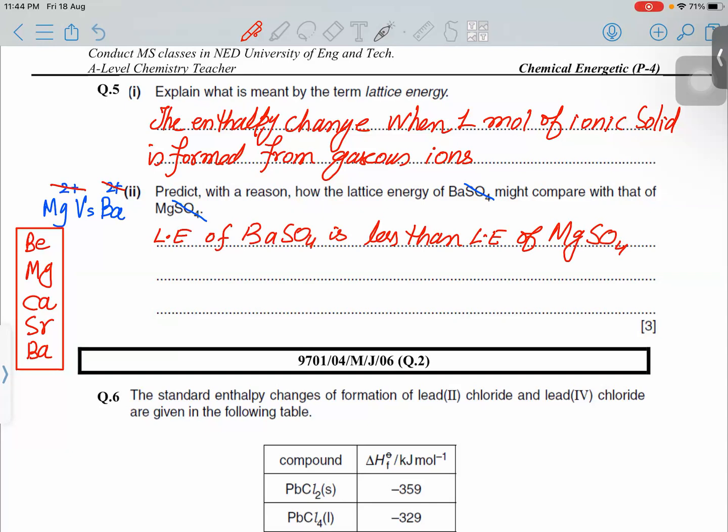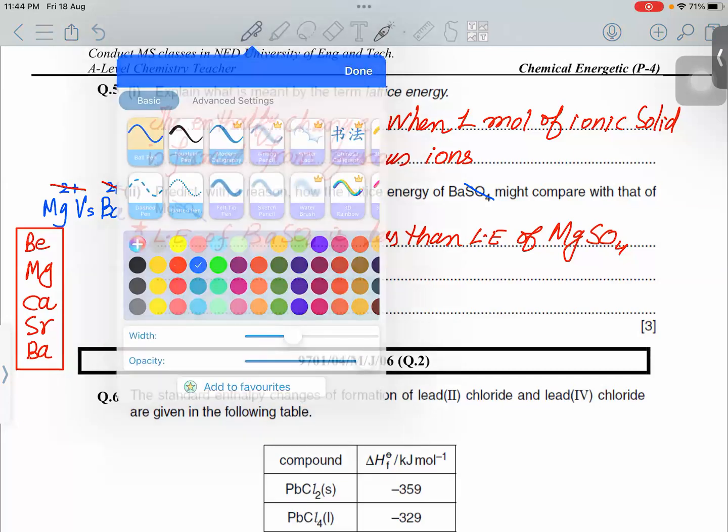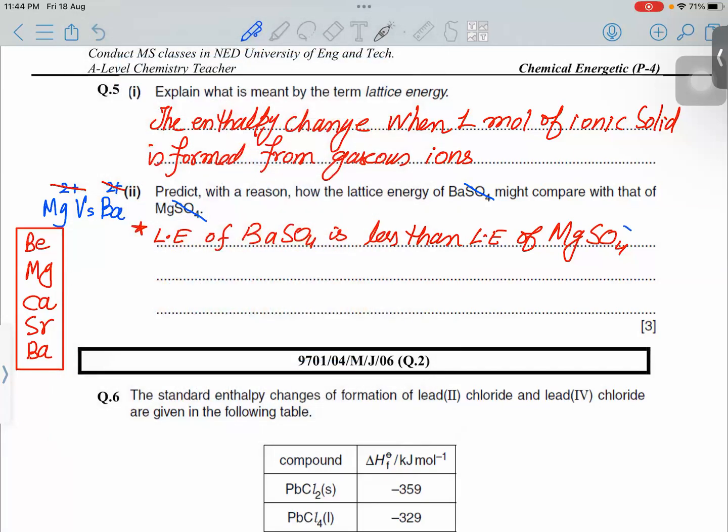This is for 1 mark. Second mark, due to the larger radius of Ba2+.